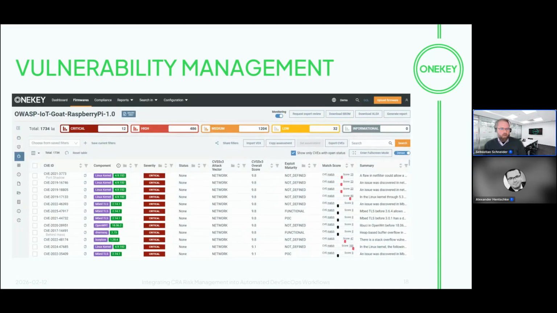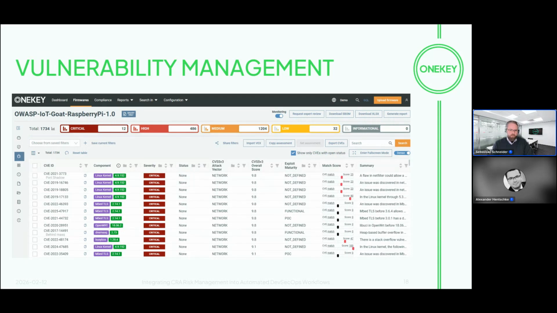Here again, our platform supports you. We not only do an automated software composition analysis based on the binaries that you upload to our platform, but we also check for known vulnerabilities or CVEs in these components. Here you see we show you the severity, we show you the attack vector, so in which ways a vulnerability could be attacked.